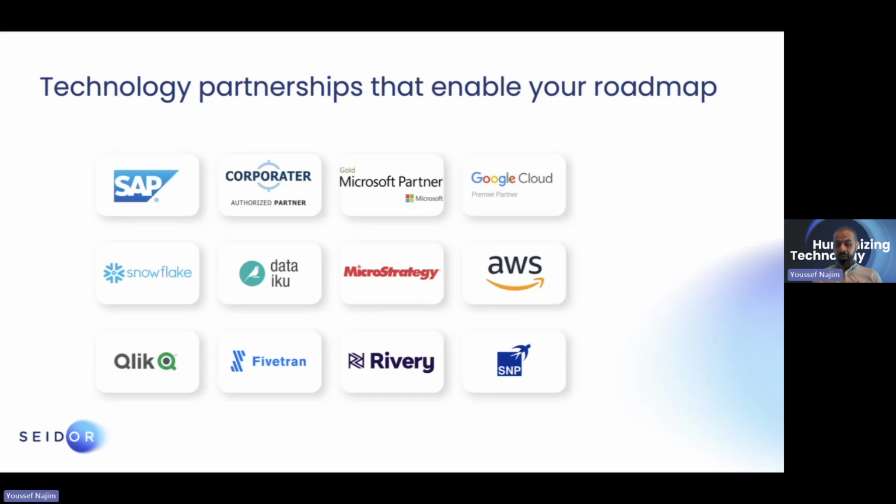We're proud to partner, and we try to be as objective as we can. For us, the customer is the most important element of our journey. So we do partner with multiple technologies, and we try to make sure that our customers are served by the right technology for their requirements.